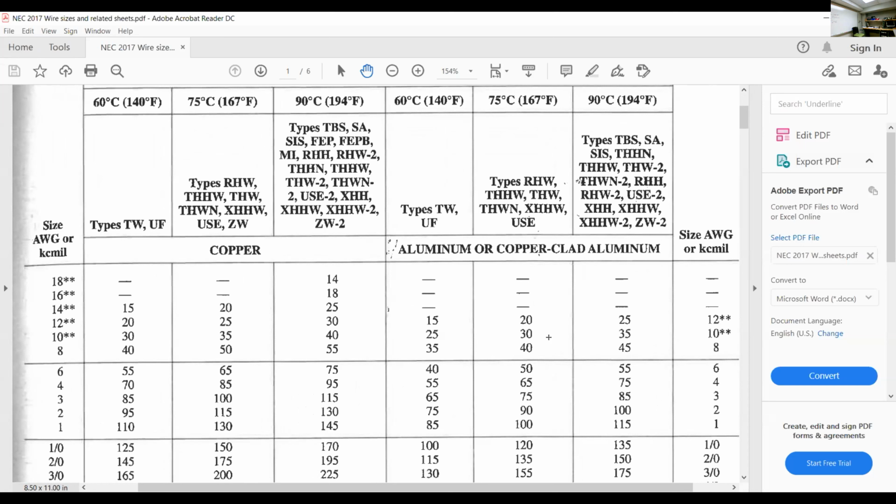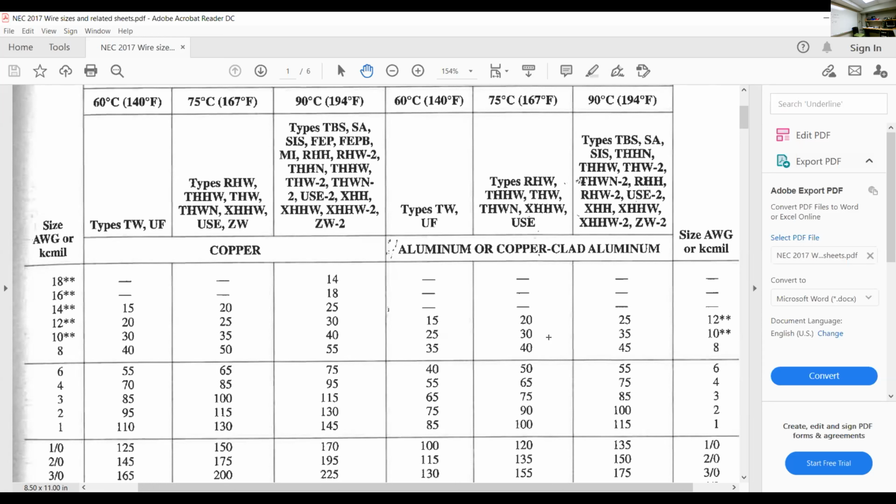Those temperature ratings are actually based on the insulator, not the copper, but the actual insulation around the wire. The copper itself can handle way more, okay? So it's not a temperature rating of the wire, it's actually the stuff that wraps around it, okay?